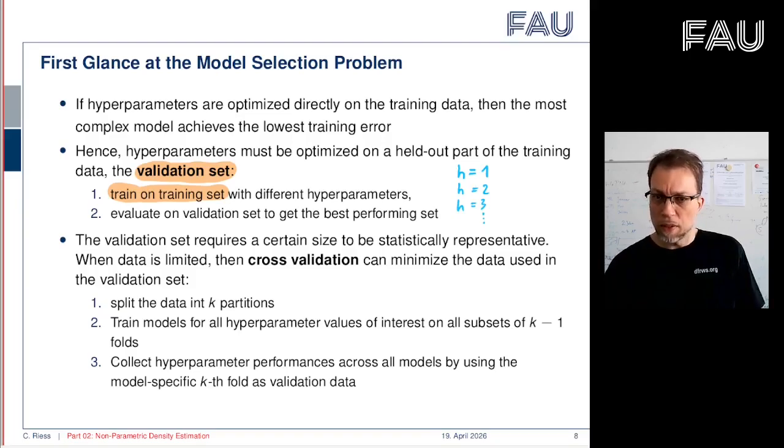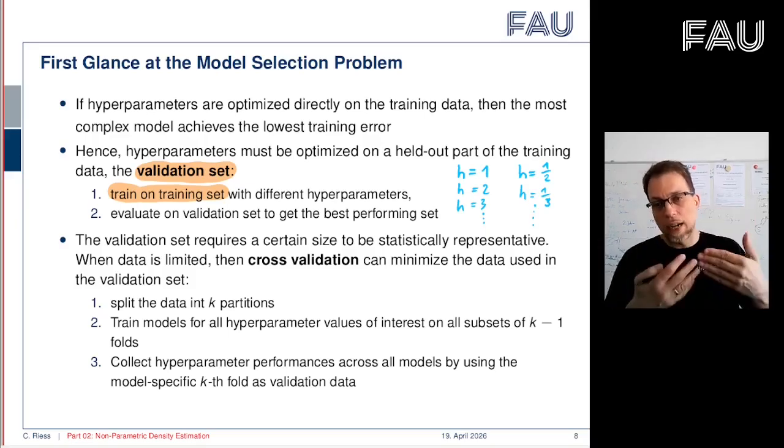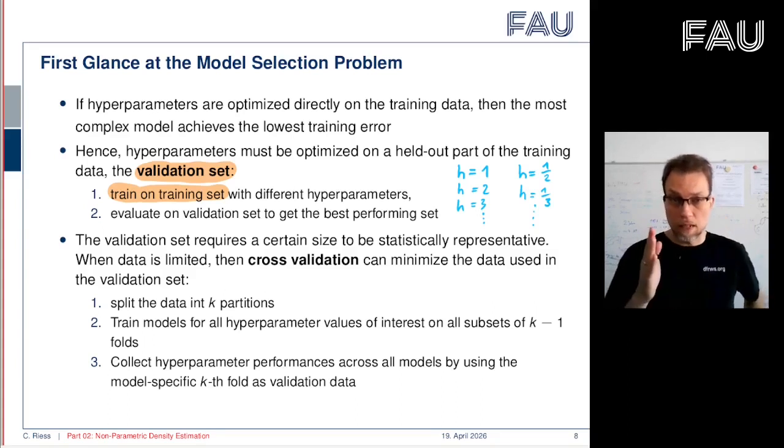Are we sure that we should start at 1? No? Okay, so let's do h equals 1/2, h equals 1. You define a number of window sizes. For each window size, you train the model on the training set. You get different models out.